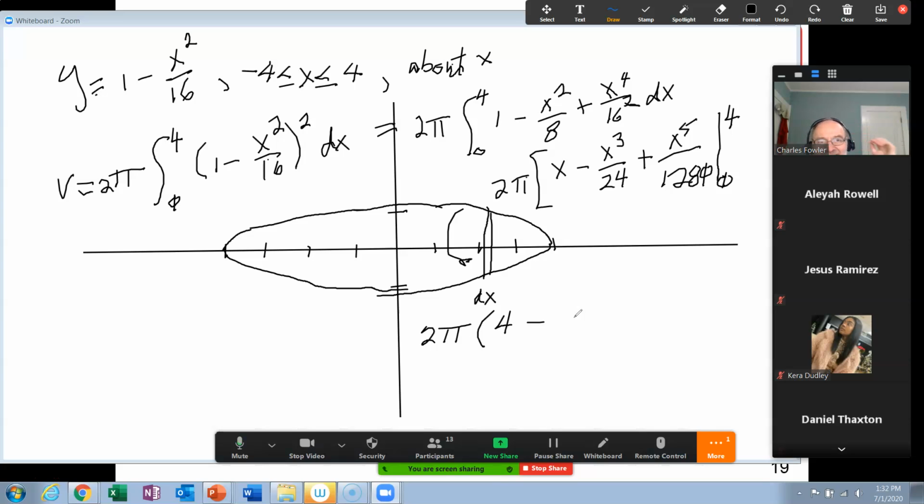So 4 cubed is on top. On the bottom you got 4 times 6. So it's a 4 squared over 6. 16 over 6, and that would be 8 over 3. Now you can check the math, but I think that's right.